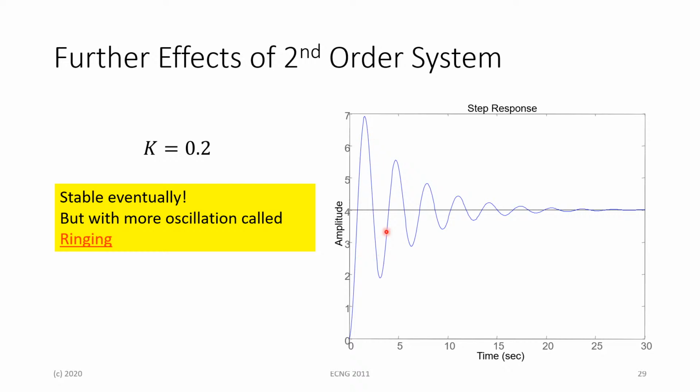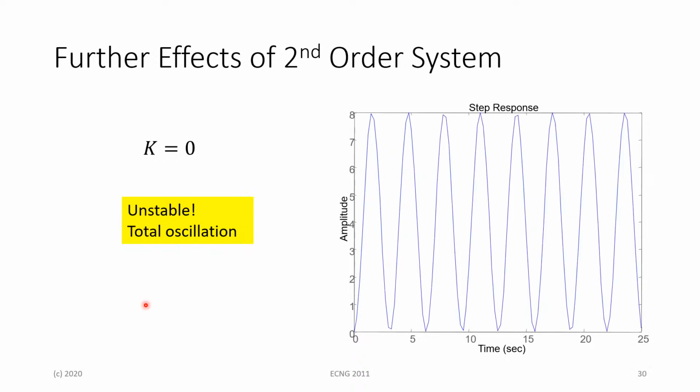Once you get this kind of oscillation that keeps on repeating itself but negatively decays to some steady state value, we refer to this effect as ringing. If k was 0, the entire system would just oscillate and never approach a steady state value, so we would get a fully unstable system.